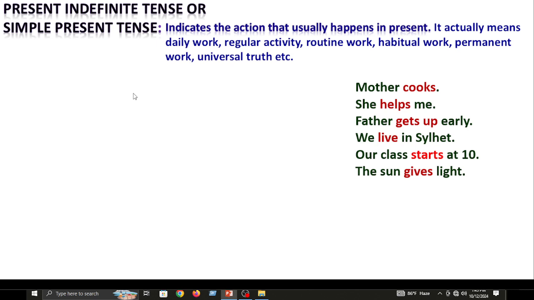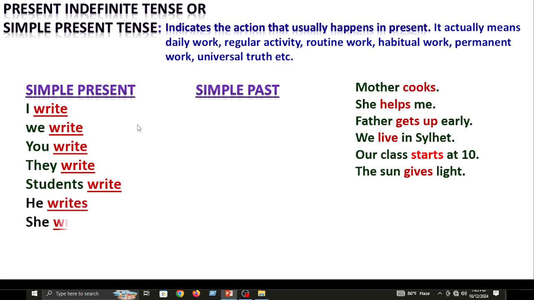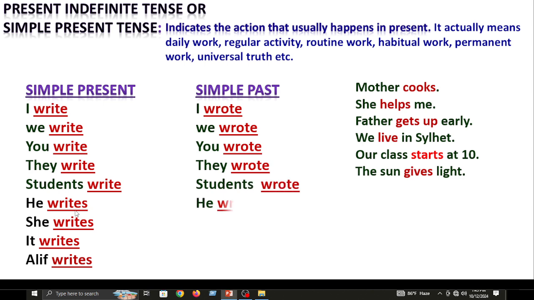For better understanding we will show the difference between simple present tense and simple past tense. Simple present tense, I write, that means I write regularly, I write every day. In the same way, we write, you write, they write, student write, but he writes, she writes, it writes, Alif writes.